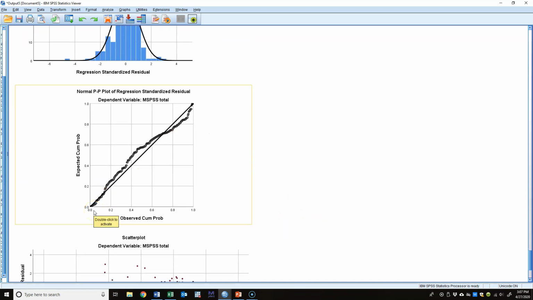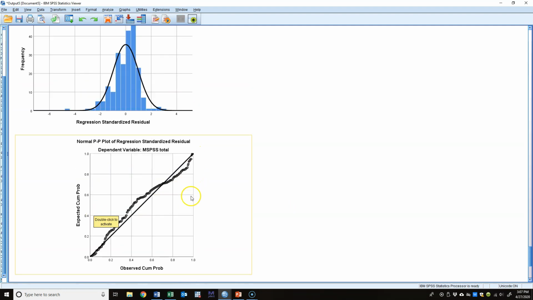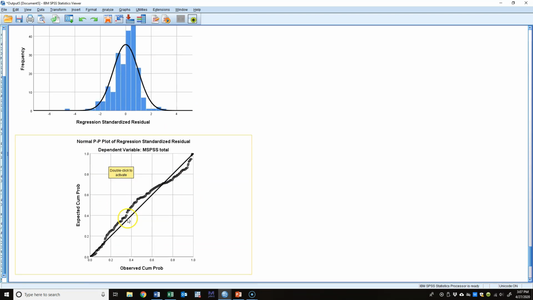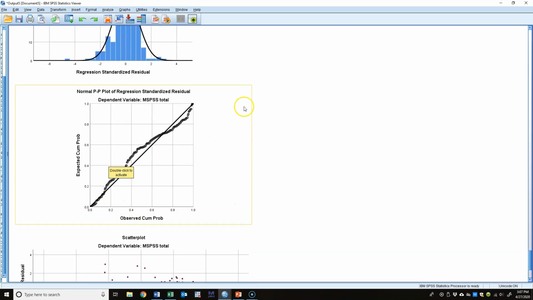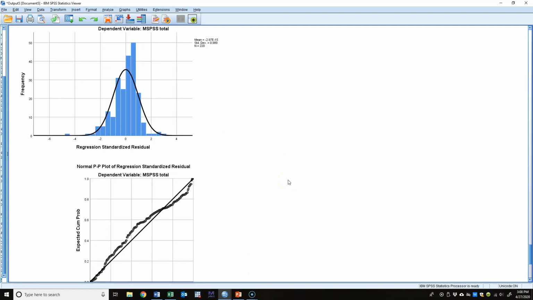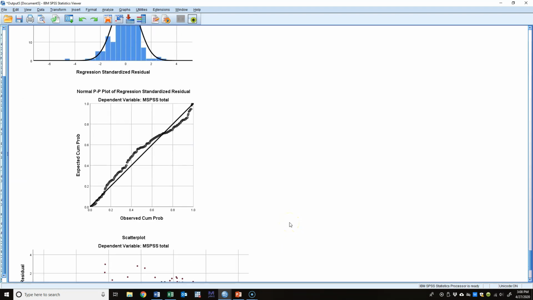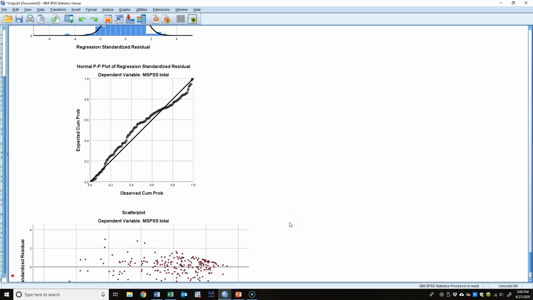In my PP plot of my residuals, you see some deviations probably associated with negative kurtosis, as we got a peaked value here, but things are tracking that diagonal line pretty well. So in terms of the distribution of my residuals, I'm not too worried about this necessarily.